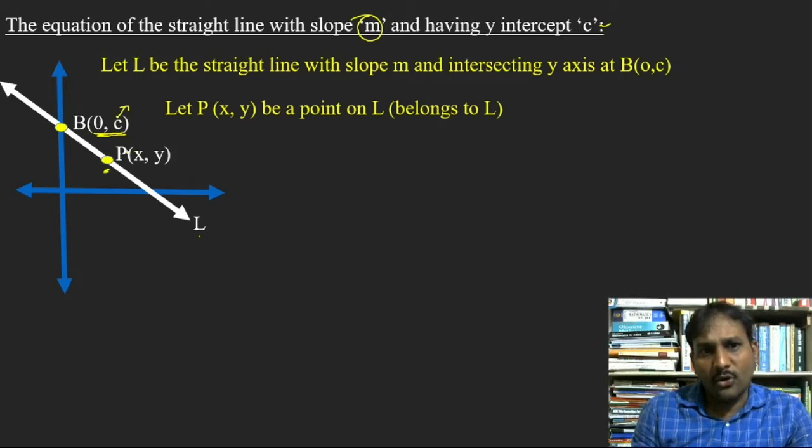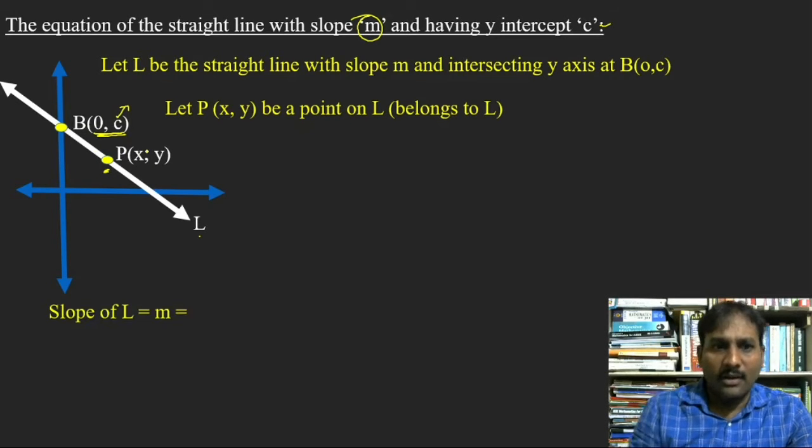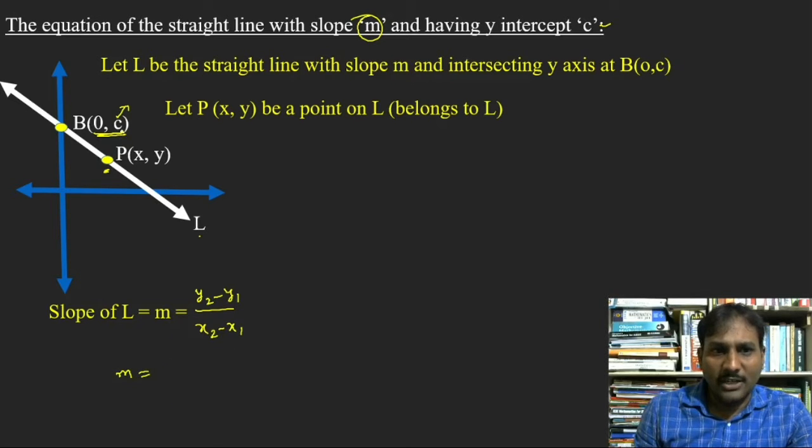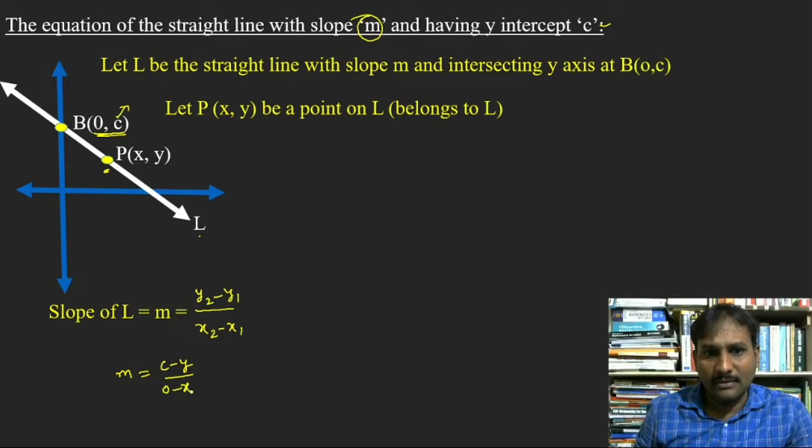Now what is the slope of this line? We know that the slope formula is (y2 minus y1) by (x2 minus x1). So m is equal to, what is y2 here? Can I write it as (c minus y) by (0 minus x)? So you can write it as m is equal to (c minus y) by minus x.